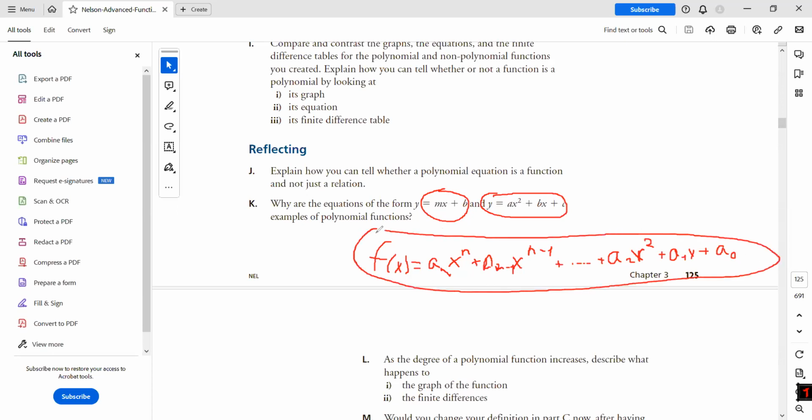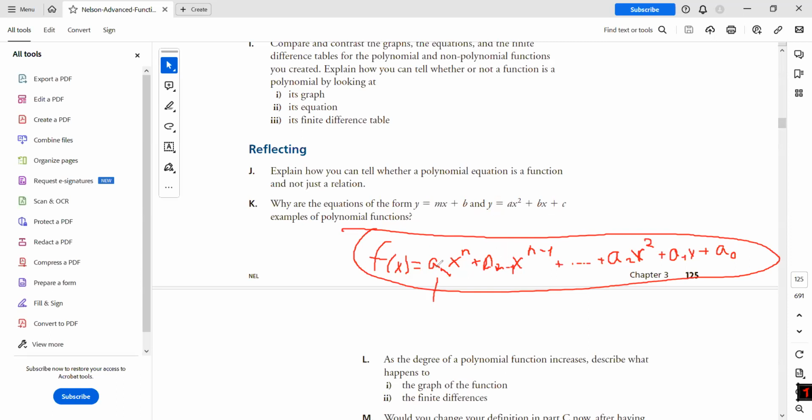This is a general form, and these are just special cases when some of the coefficients in our formula are 0.